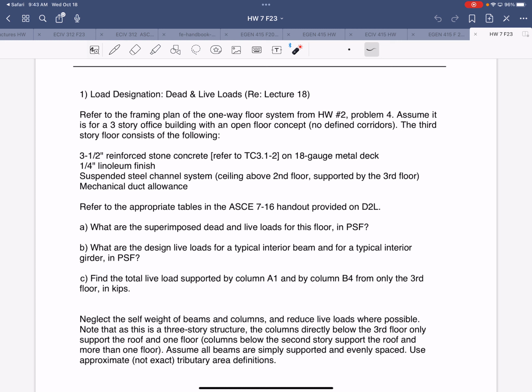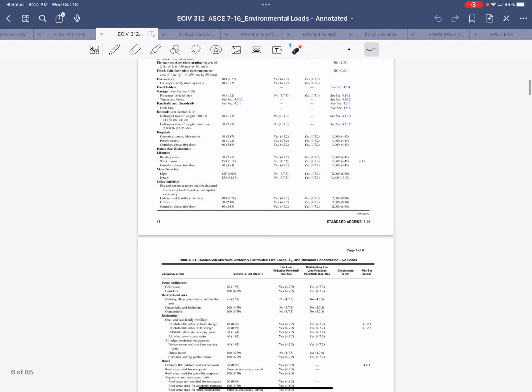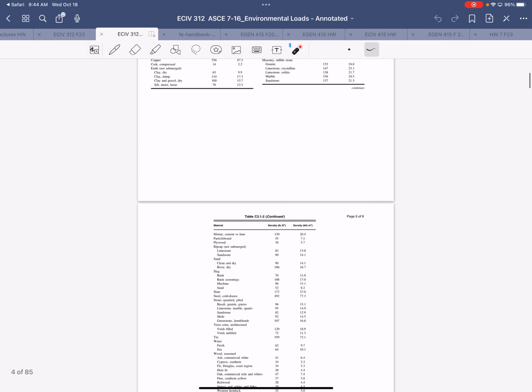Up here, when you're calculating the dead load for this contribution, the 3.5-inch reinforced stone concrete, I specifically say to refer to Table C3.1-2, which is in your dead and live loads handout.